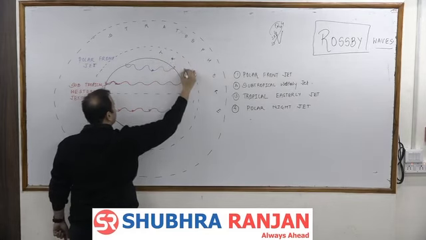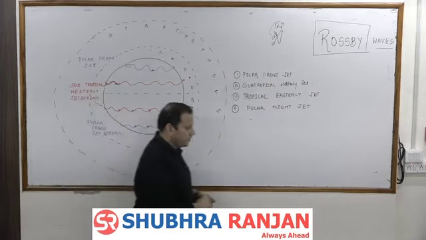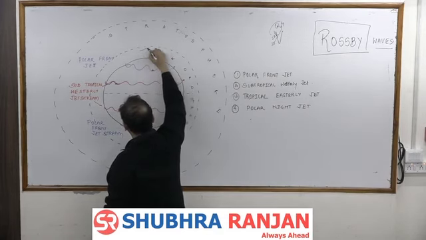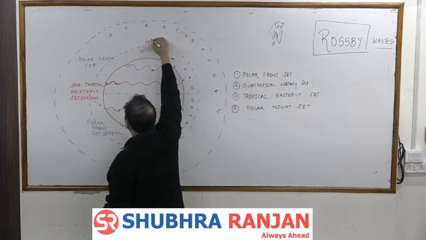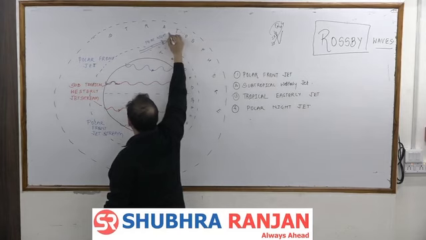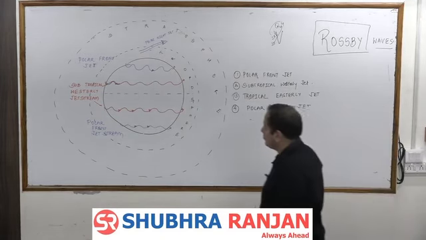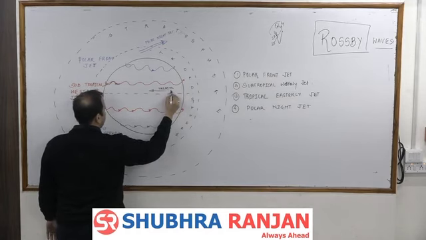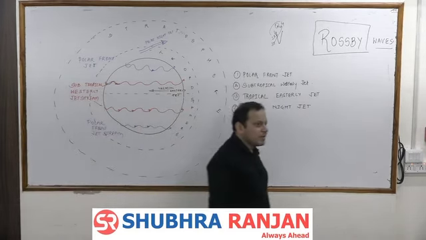This is troposphere. So, दो परमानेंट जेट स्ट्रीम, दो सेमी परमानेंट जेट स्ट्रीम.